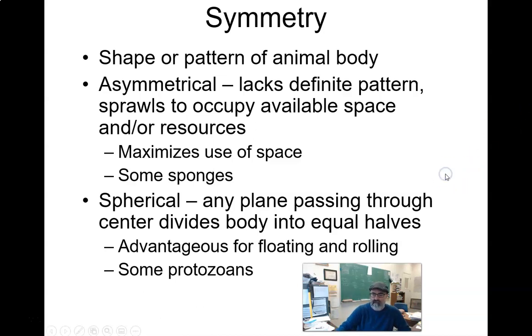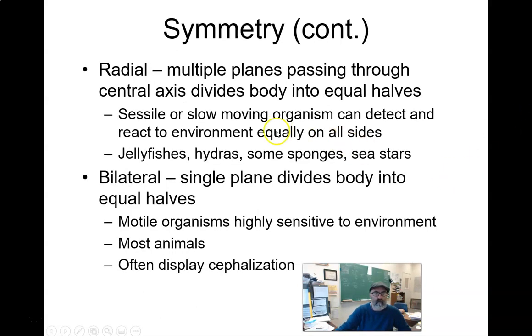All right? Some other animals, though, have radial symmetry. This is more like a pizza pie. You have flattened on one plane, but round in the other plane. Jellyfishes, sea stars, anemones, things like that will have radial symmetry.